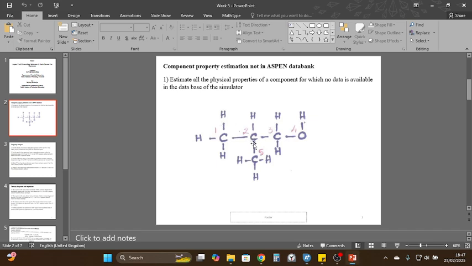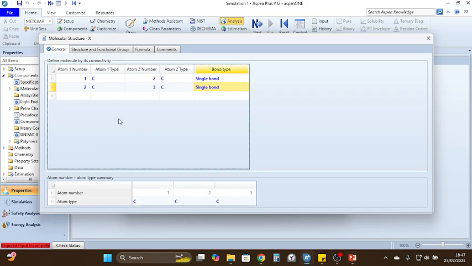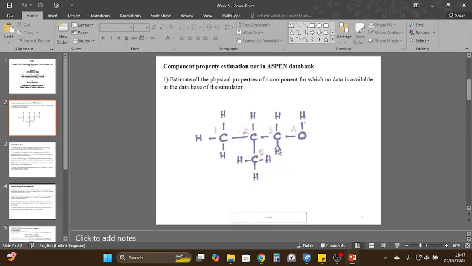Now a chain is being formed. Then this carbon 2 is connected to the fifth carbon, which is the fifth atom in this chain. This is also a carbon, connected by a single bond.